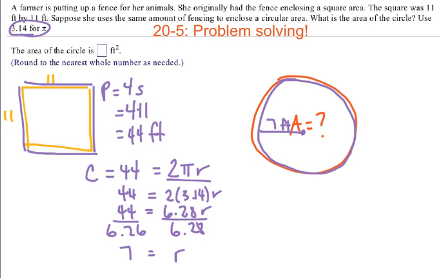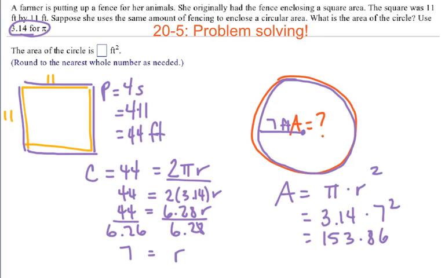So now it's my job to find the area of the circle. The area is pi times the radius squared. So I'm going to do 3.14 for pi, and I just found that the radius was 7. So I'm going to do 3.14 times 49, and I get 153.86, and it says to round to the nearest whole number as needed, so that's about 154.